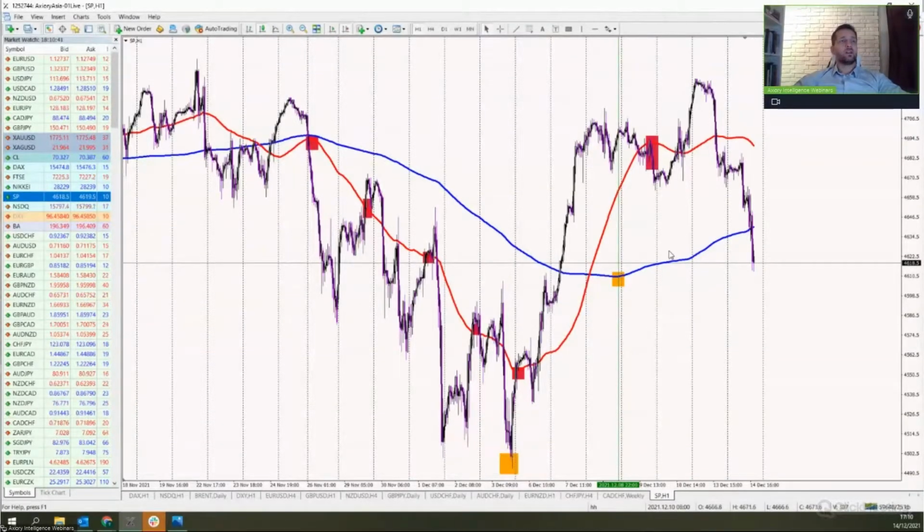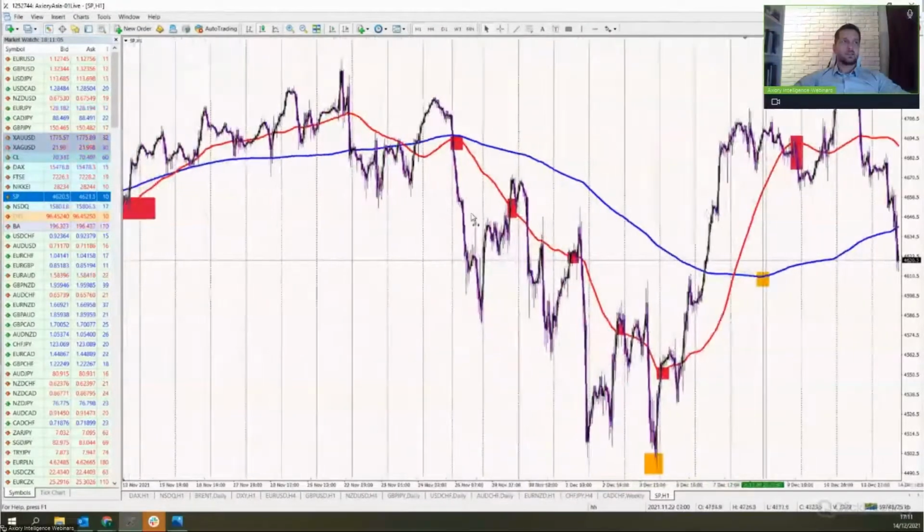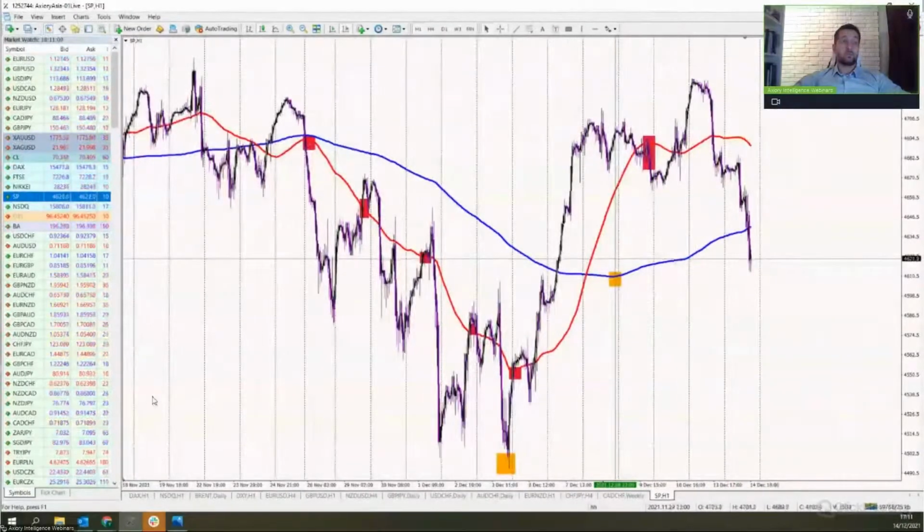Traders very often trade the breakouts of the 200 periods moving average. When the price crosses it from the top, it's for them a sell signal. When it crosses it from the bottom, it's for them a long-term buy signal, because you use a long-term moving average. Simple as that.